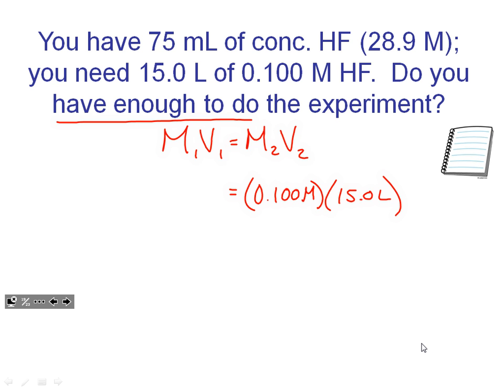So this is how I would do this problem. I will solve for V. And I know we just did that problem last time like this, but it could, again, be flipped. And what I'm going to do is see if I have enough of what I have in my stock group. So calculate that. Let's see if we have enough.